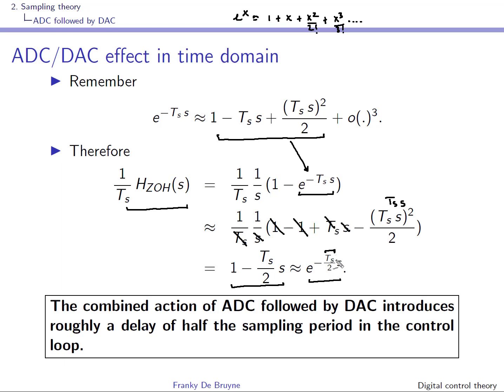So if this delay of Ts over 2 has not been taken into account in the control design, it can give rise to problems when Ts increases.